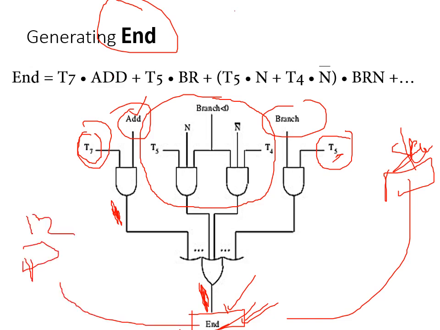The end circuit physically executes the end basic step. What does it mean? Restarting the counter, and also flushing the instruction register, because there was a previous instruction. Now we have to clear the instruction register so that a new instruction can be placed. So this is one more instruction.